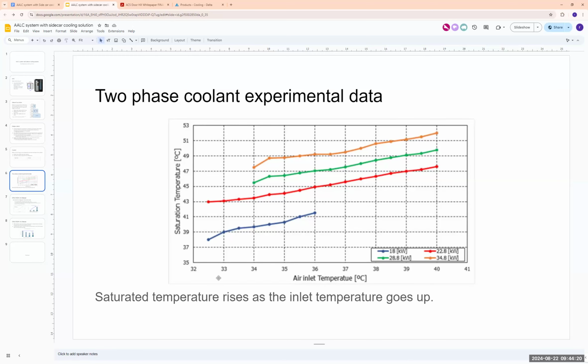And the data that she provided only indicates one thing, that as the inlet temperature goes up, the saturation temperature rises, and what does that mean to the system? The heat capacity, the heat loads will also, I think, change. So I need to understand a little more from her on what kind of message we want to set in terms of presenting.